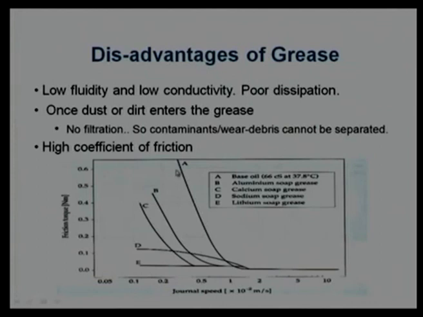You can say that chart A, where we are using only liquid lubricant, is showing very high friction because there is no hydrodynamic action, and when the applied load is high, this lubricant is simply squeezing out without effectively reducing the coefficient of friction. Now, if we use grease, B is aluminum, C calcium base, then sodium base, and then finally the lithium base.